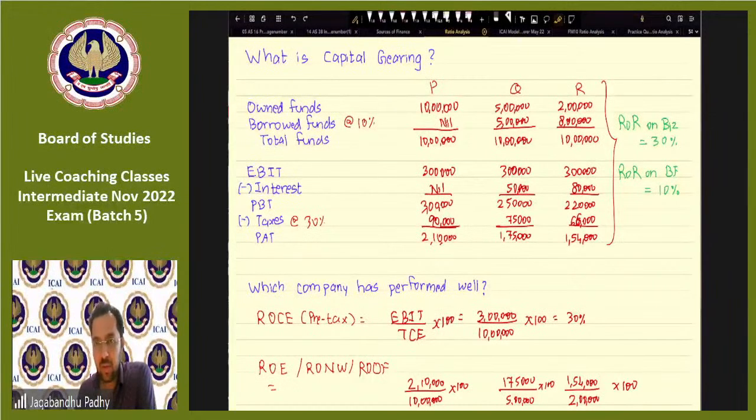Raghavendra is saying yes, sir, company R owners will always have better return. What about others? If the interest rate becomes more than ROI, it will fall. Okay Karthik, true, correct. When cost of debt is higher than return, it is dangerous. Okay, it depends on the equity share portion.